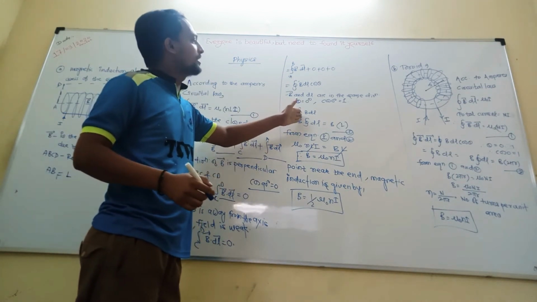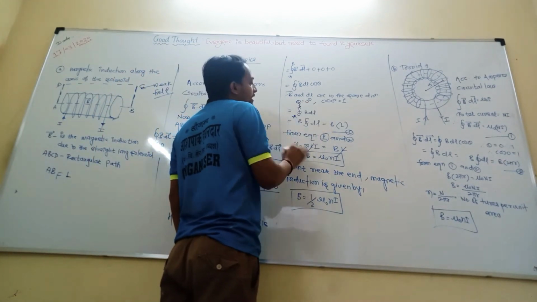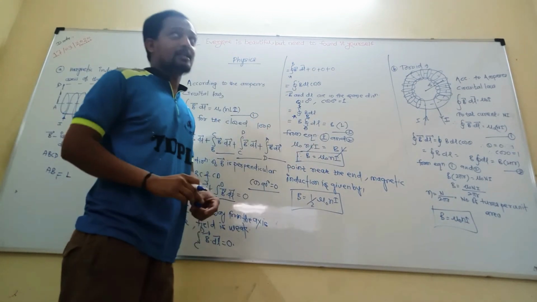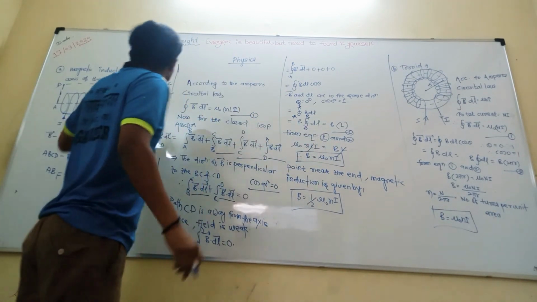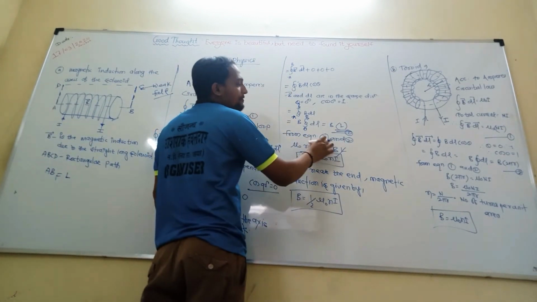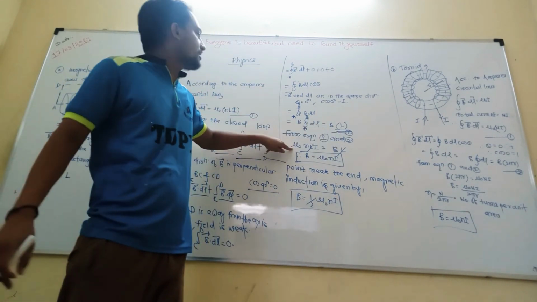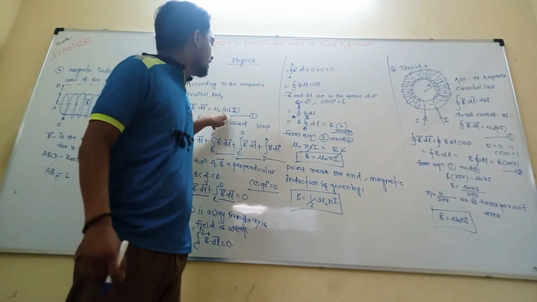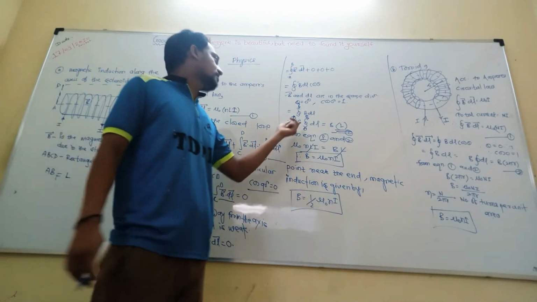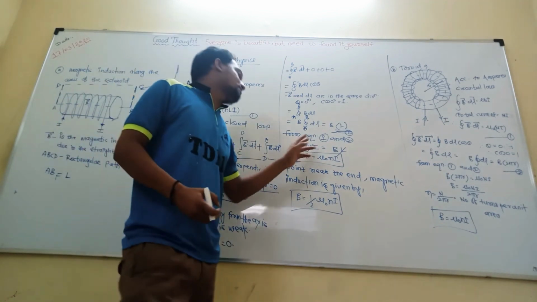So for the closed path AB, we write the integral of B dl, and the integral of dl over AB is L. So the total integral is B L. From equation first and equation second, the left hand sides of both equations are the same, so we compare the right hand sides.